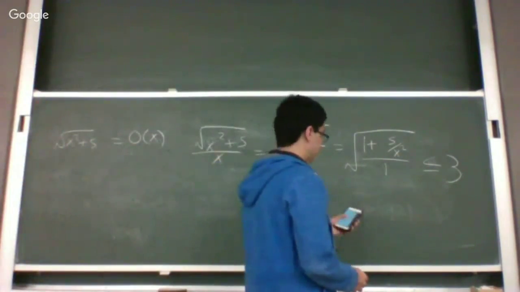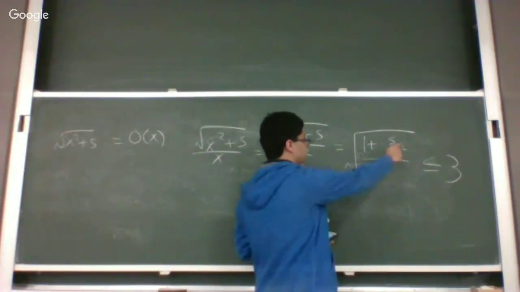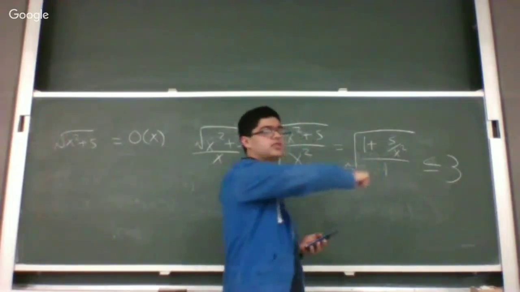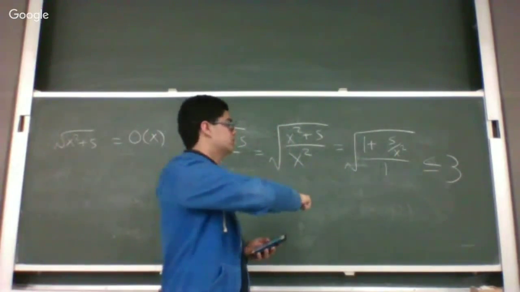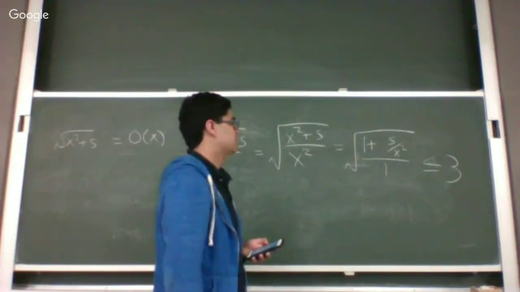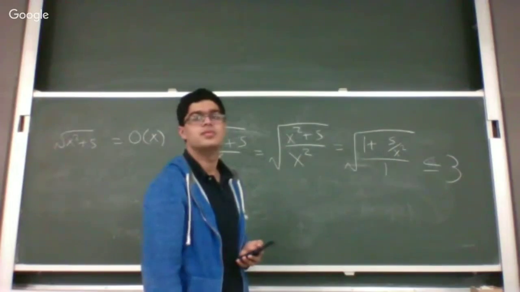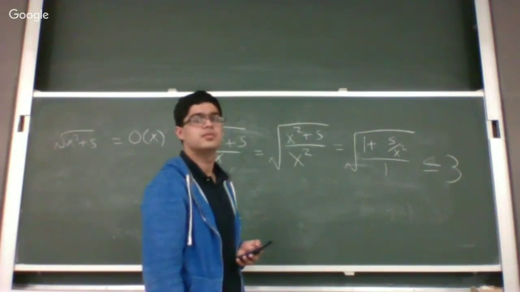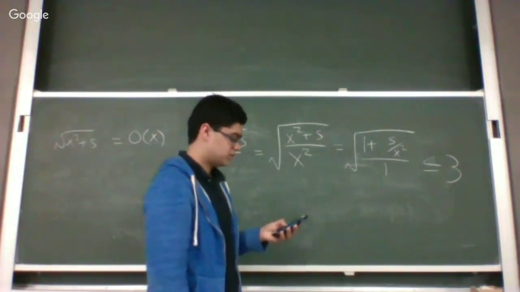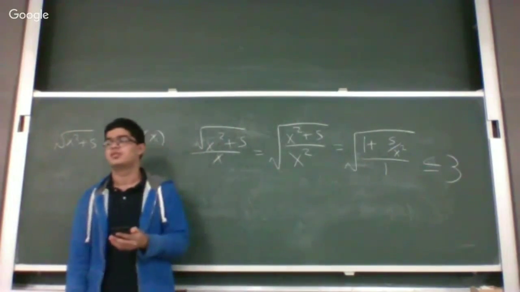I think what they were going at is you have 1, the square root of 5 is greater than like 2 or something. I think it's less than 3, less than 3.